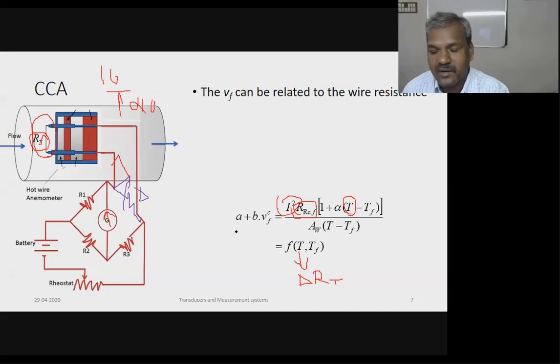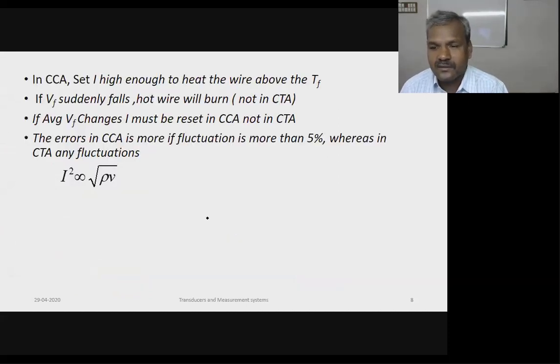These two anemometers are very, very important. Some drawbacks, the pros and cons of these two types of anemometer. Mostly the constant temperature type of anemometer is widely used in industries, because in the constant current anemometer, instead of 10 milliampere, we may have to set 20 or 30 milliampere to heat the wire.